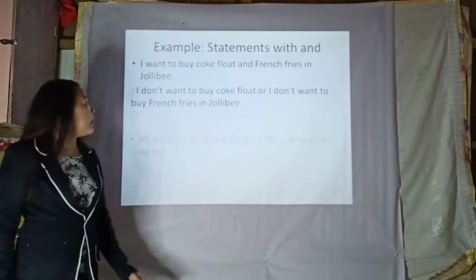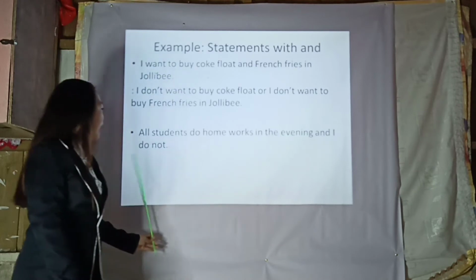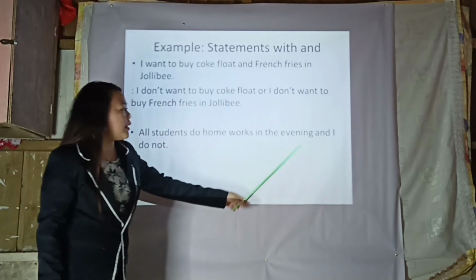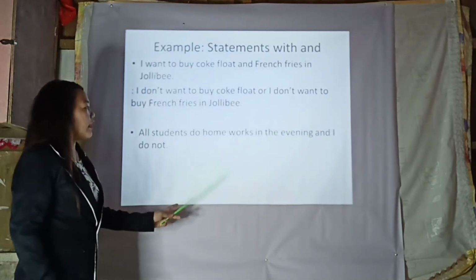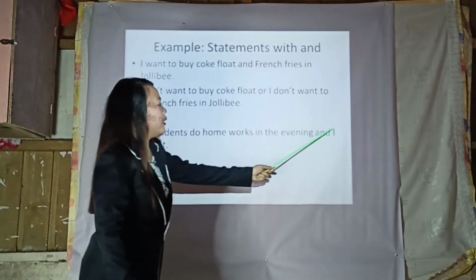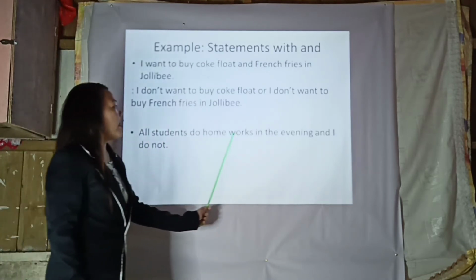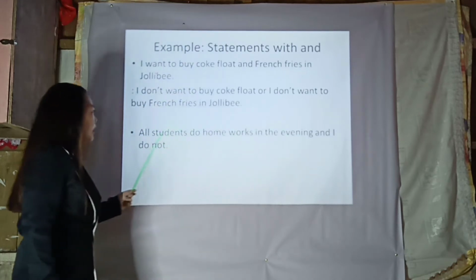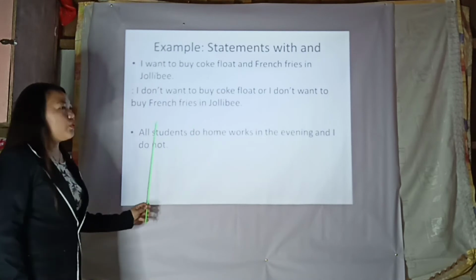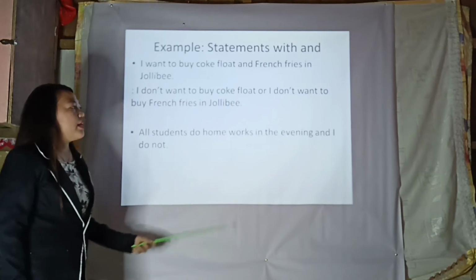Next example will be: all students do homeworks in the evening and I do not. This would be the first statement, which let it be P, and the second statement, I do not. As you can see, the first statement doesn't have a negative or the word not, so therefore the negation of this statement would be negative.